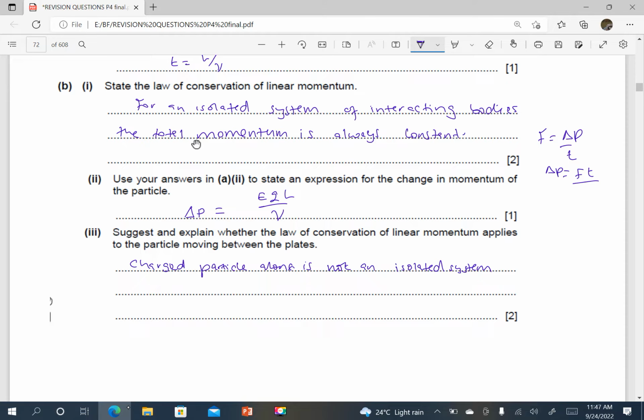The charged particle alone is not an isolated system, so the law does not apply. Alternatively, we could also think of the system to be the particle and the plates.